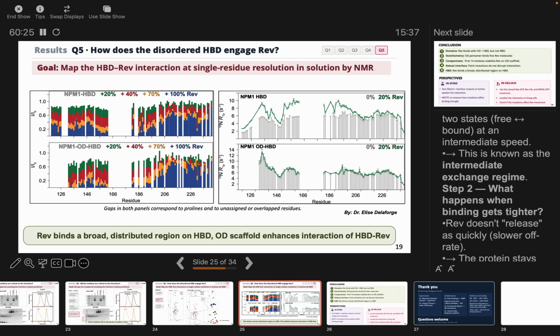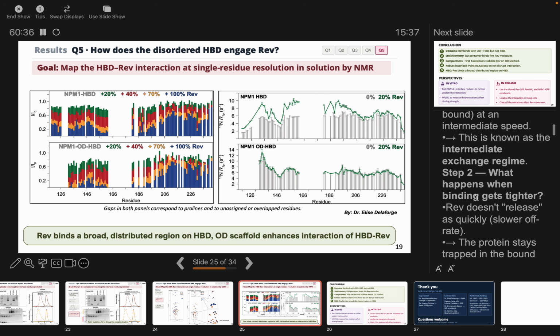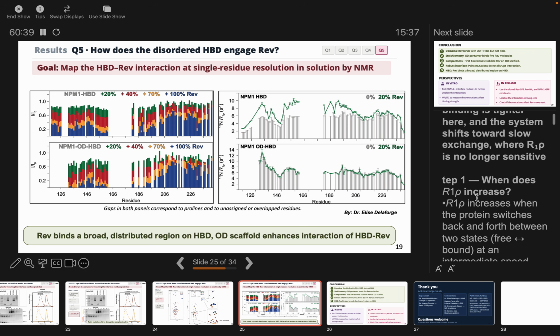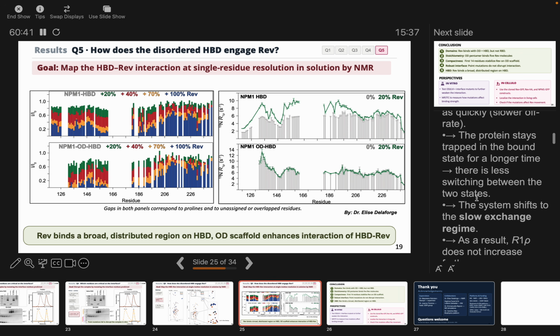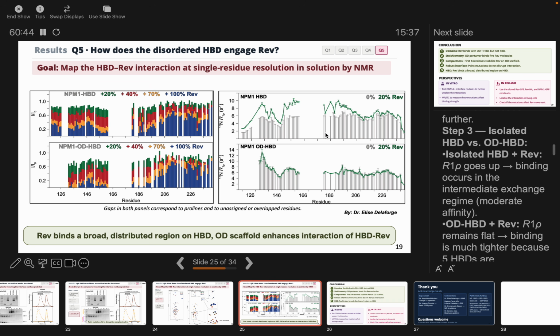The free state is... I have to ask Elise, because I understood that the moving was faster, showing that the affinity is not so strong. She explained to me that with the relaxation, if the protein is free, this data will be lower, and when it's bound with the rev, the movement is restricted.